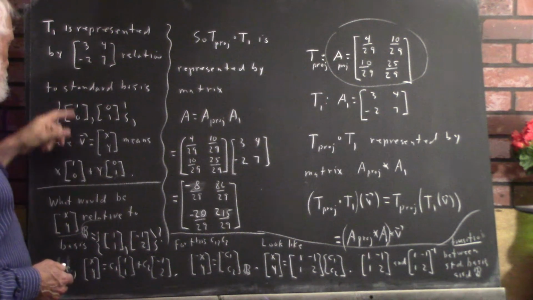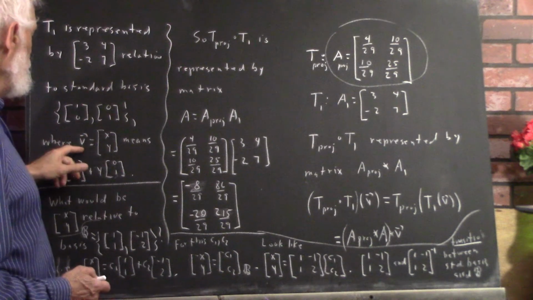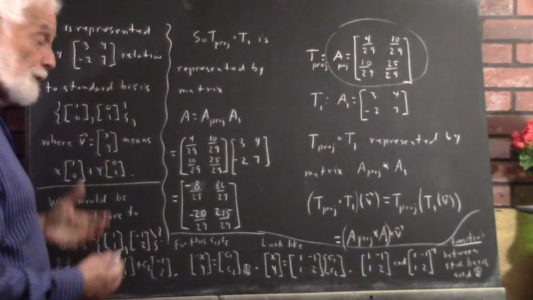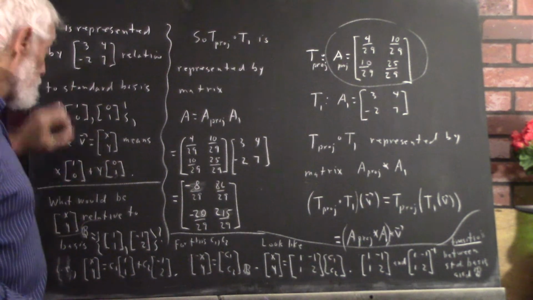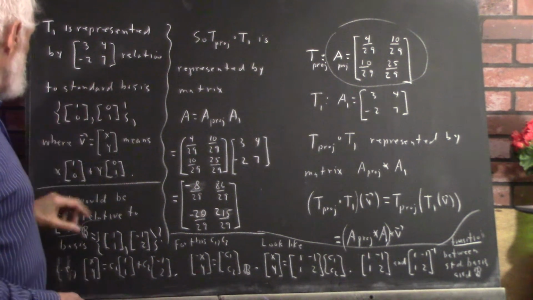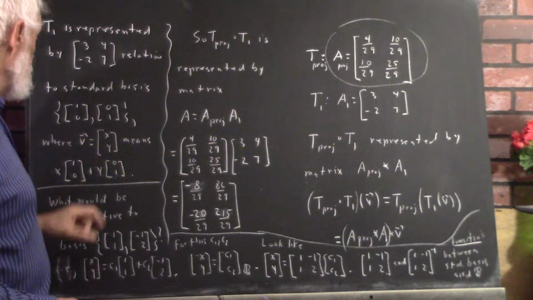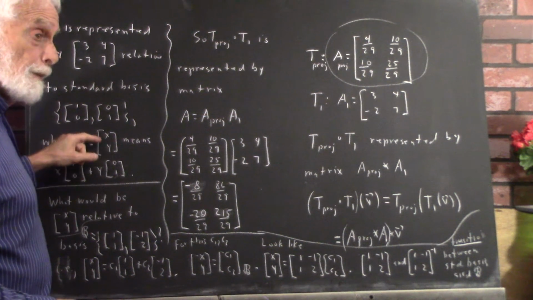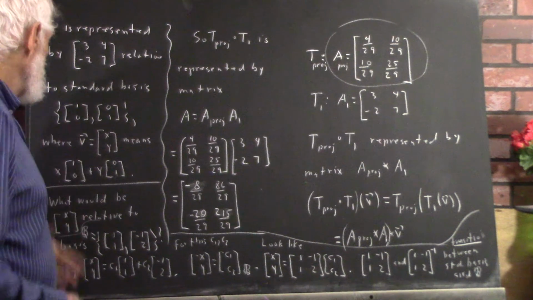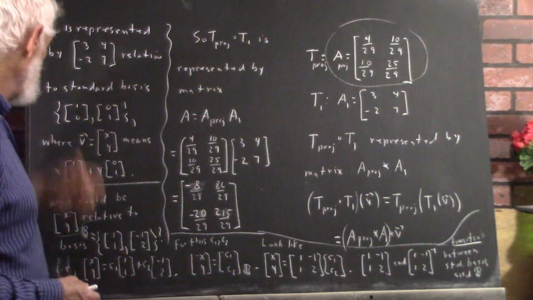Your standard basis is (1, 0), (0, 1), where v equals xy means x times this vector plus y times this vector. Clearly, if you do x times (1, 0) plus y times (0, 1), you're going to get the column xy. So that's representation with the standard basis, and there's not much to it.